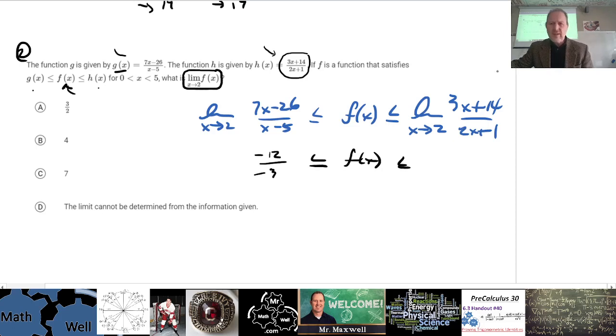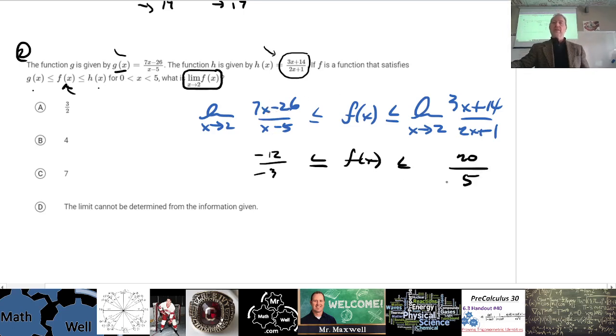And for the other one with x equals 2, what is this? 6 plus 14 is 20, over 5. Oh, I have to double check my mental math here. Did I do that right? 14 minus 26.